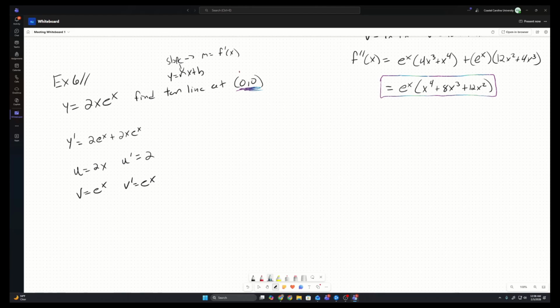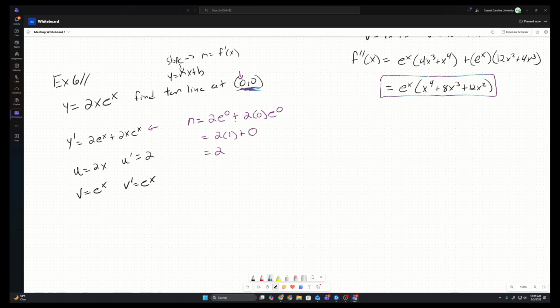If x is 0, I'm going to plug that 0 into these x's here. So my slope m is equal to 2 times e to the 0 plus 2 times 0 times e to the 0. So that's 2 times 1 plus this whole thing equals 0. So my slope is 2.